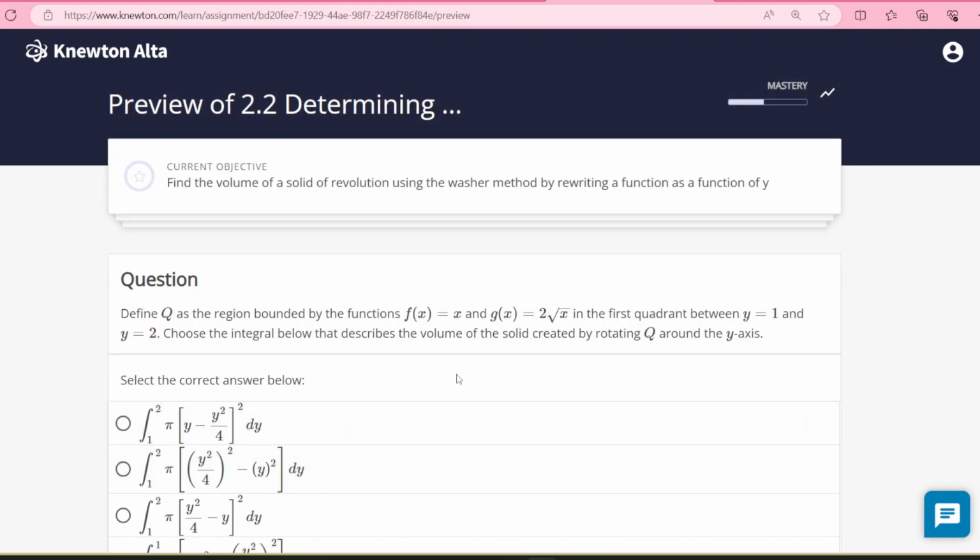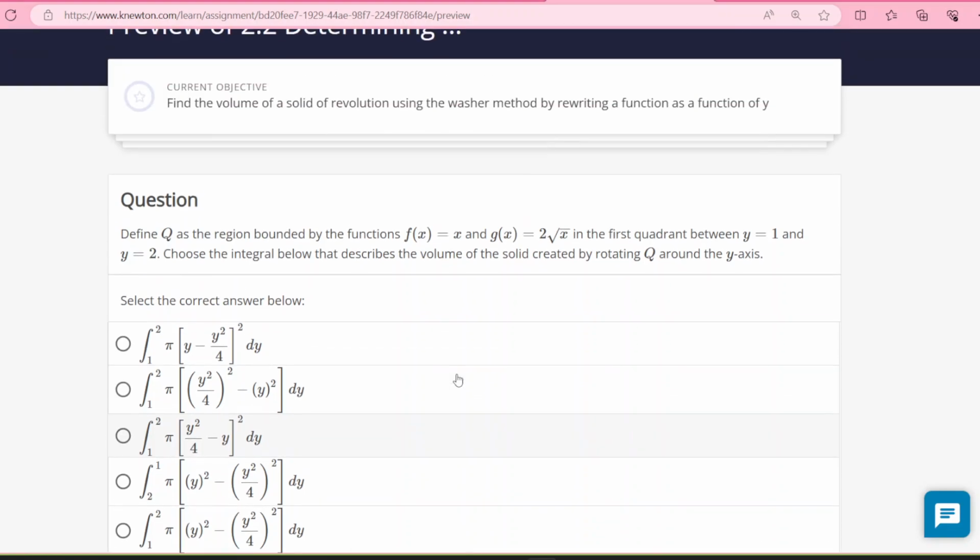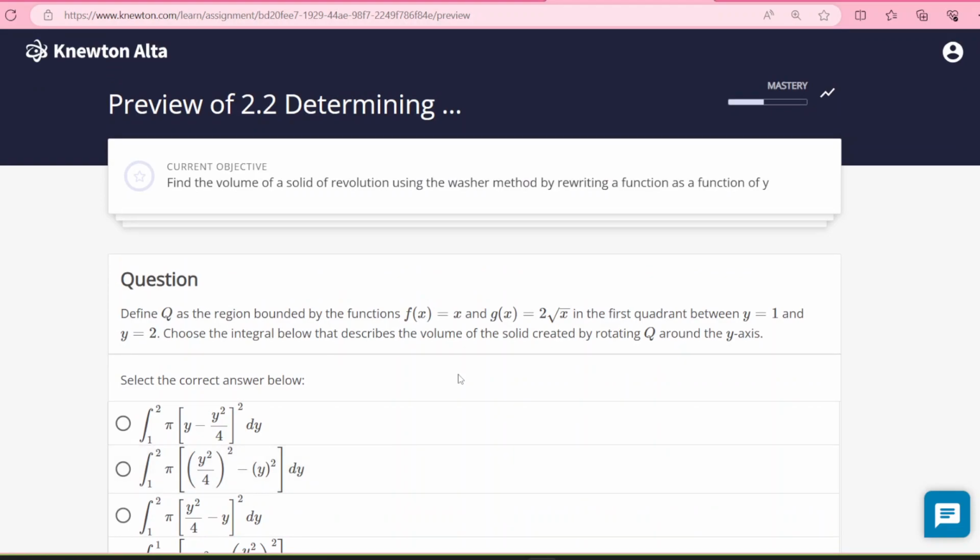All right, so once again, we're asked to set up an integral where we're trying to find the volume of the solid created by rotating some region around the y-axis.